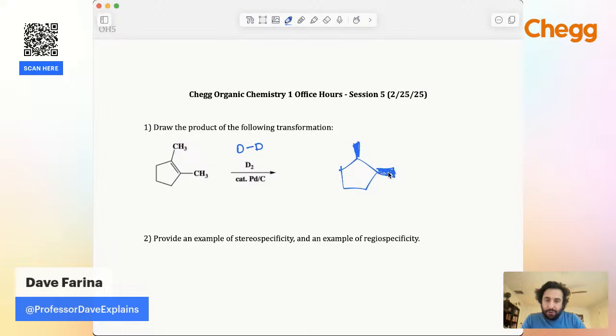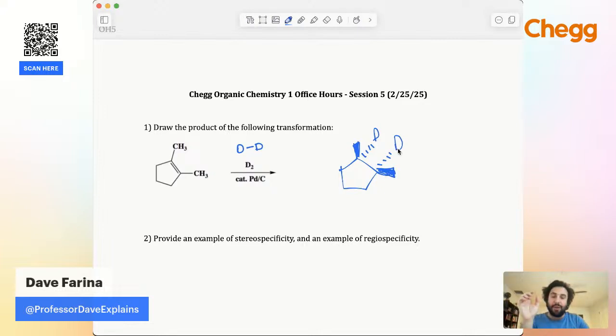So here is D, here is the other D. We could have drawn deuterium on the wedges and the methyls on the dashes; that would actually be the exact same molecule. The point is that this is syn addition. Syn refers to the stereochemistry of a reaction, so syn addition means they're added to the same side of the molecule.